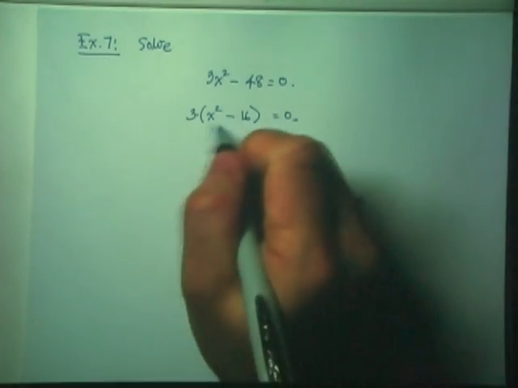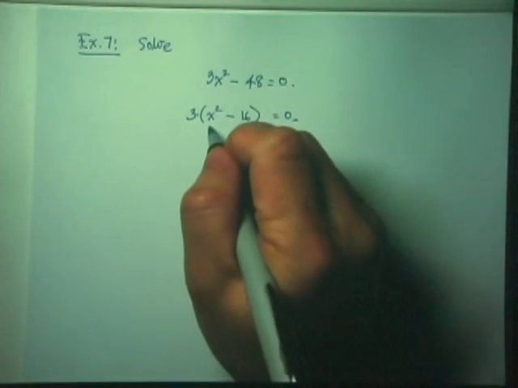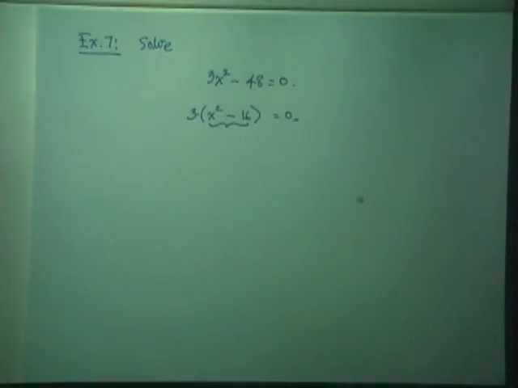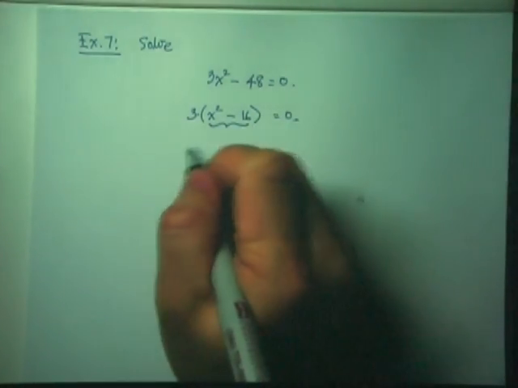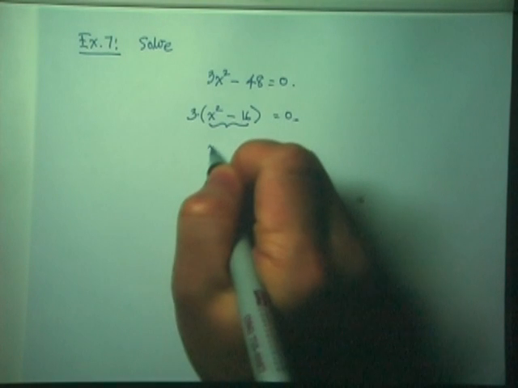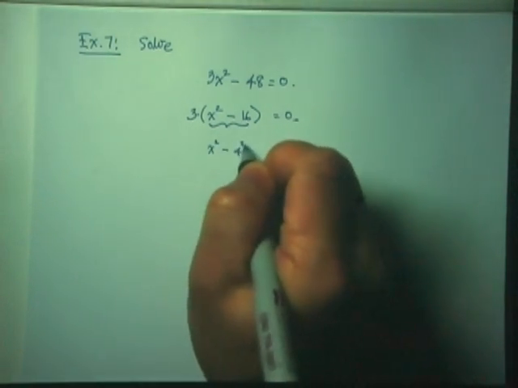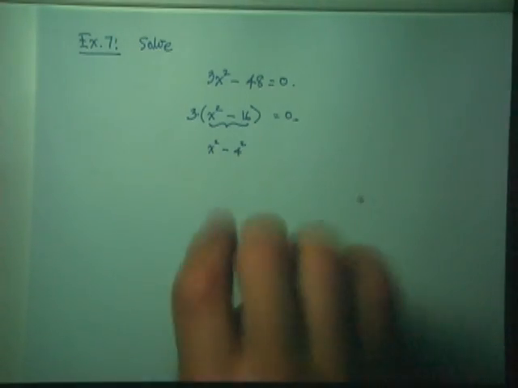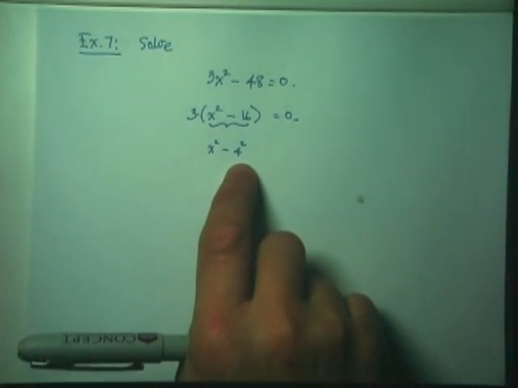To completely factor the left-hand side, I recognize x squared minus 16 as x squared minus 4 squared, because that's what 16 is. And x squared minus 4 squared, I recognize as a difference of two squares.